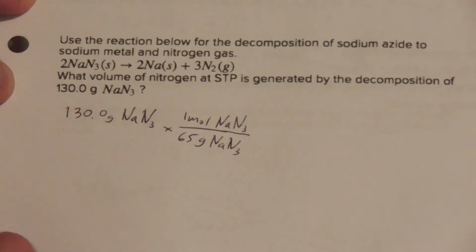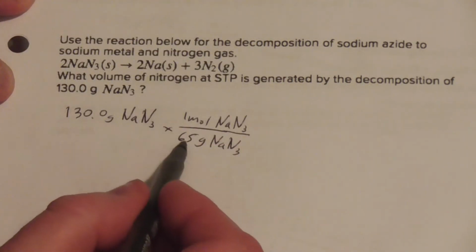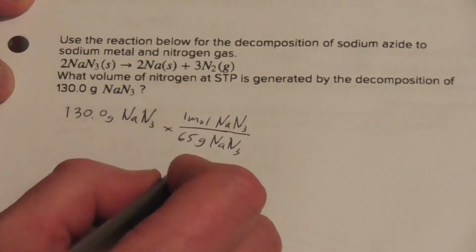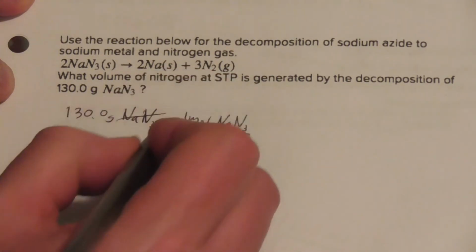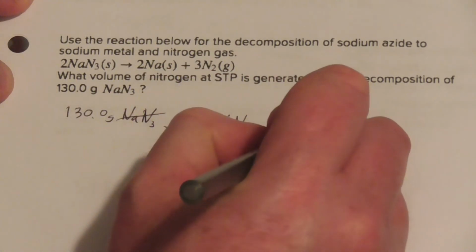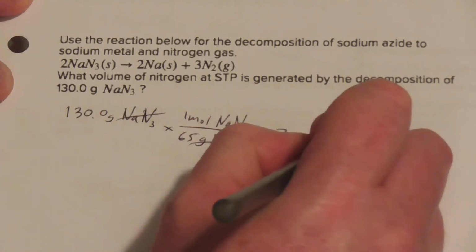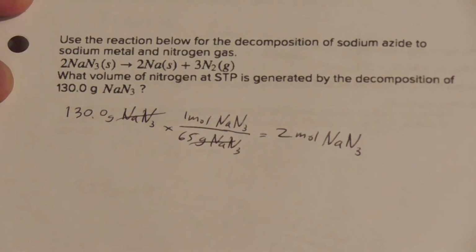You can never write too much, because that way you're absolutely sure what you're doing here. So 130 divided by 65 is going to give me 2. These units cancel out. I'm left in moles. 2 moles of sodium azide.